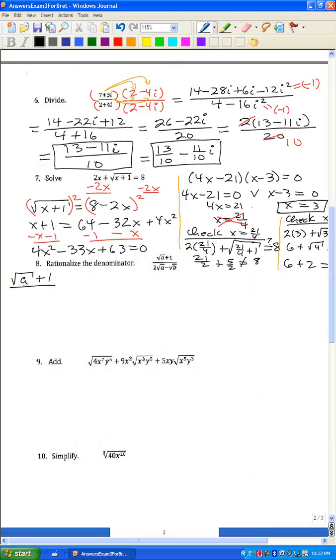Let me multiply and divide by the conjugate of the denominator. The conjugate of the denominator is just 2 radical a plus radical b over 2 radical a plus radical b.